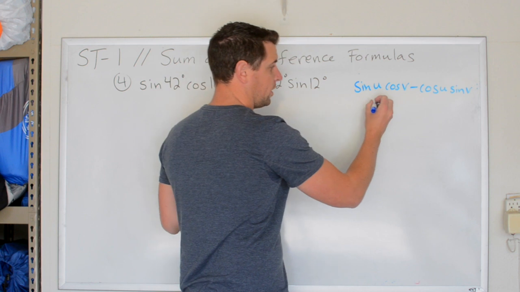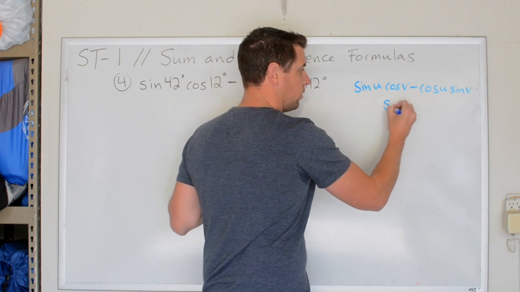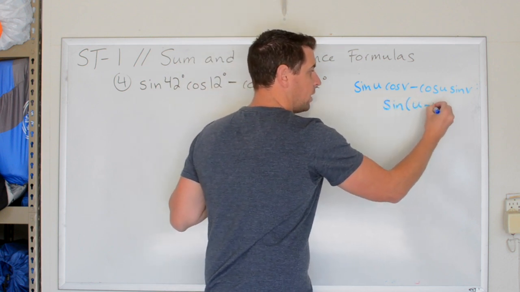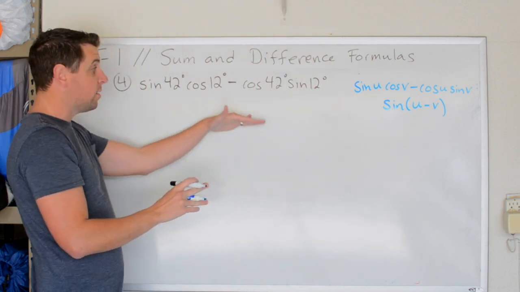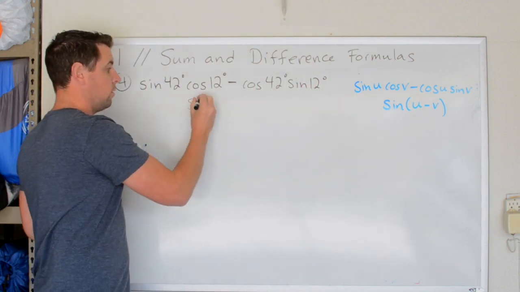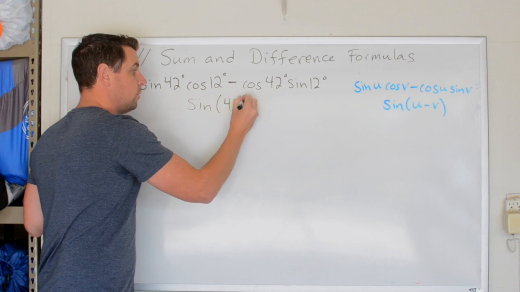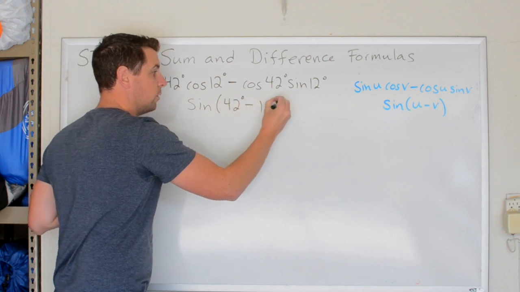This formula tells us that this would equal sine of u minus v. So in this scenario, this will equal sine of 42 degrees minus 12 degrees.